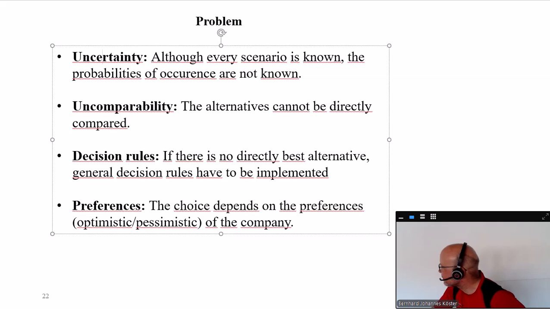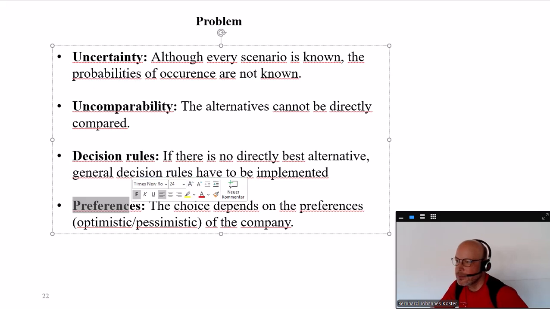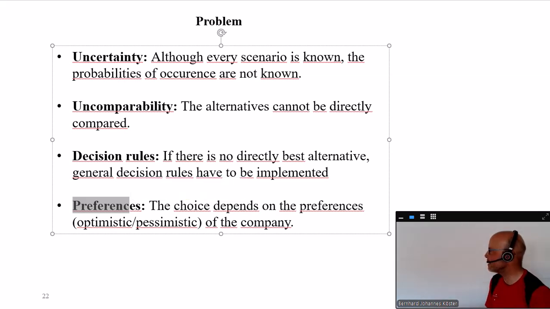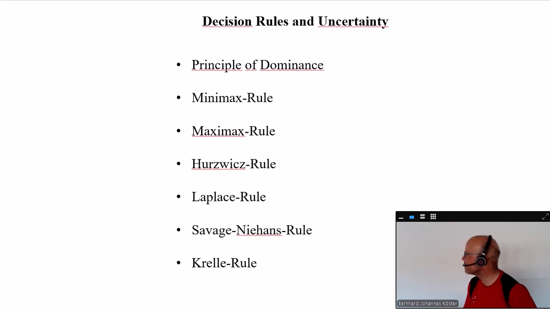So I have to think what is a reasonable decision rule for me. And this you have also already answered. This is up to my preference, if I'm a very risky person or not such a risky person, or an optimistic or pessimistic one.